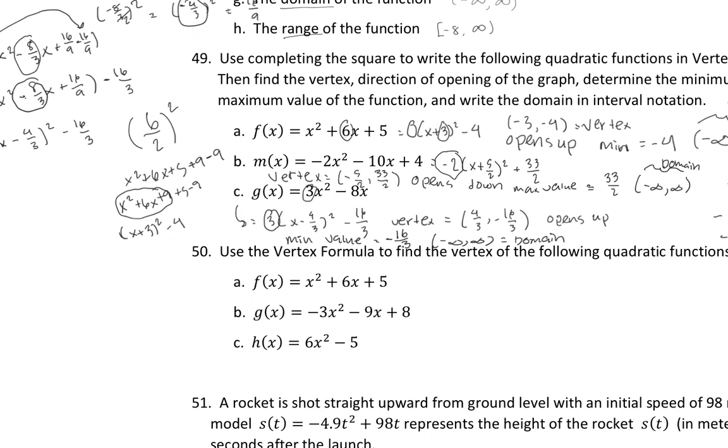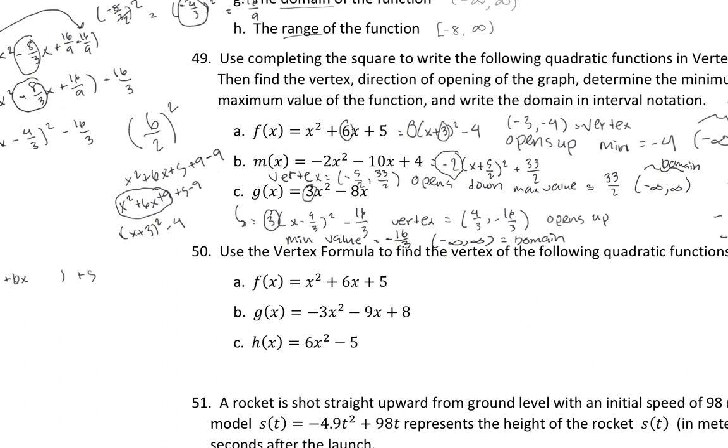All right, so for number 50, we're just doing the same thing as we did in 49, except it's a little bit simpler because we're only finding the vertex using vertex form. So for part A, we have this function x squared plus 6x plus 5. If I write that to complete the square, it's going to be x squared plus 6x, and then something else in there, and then plus 5.